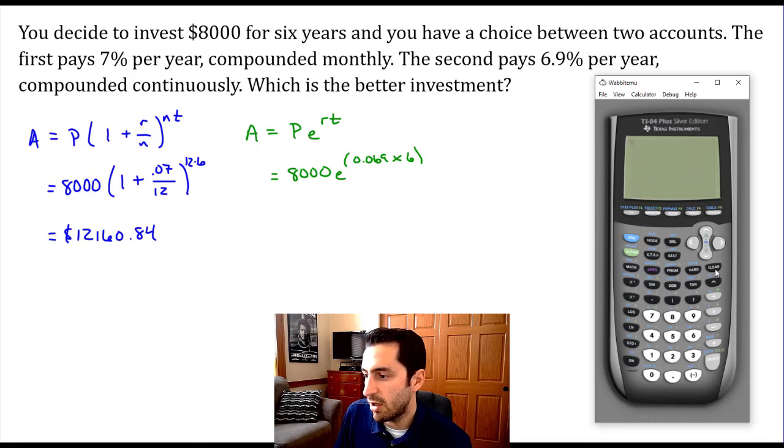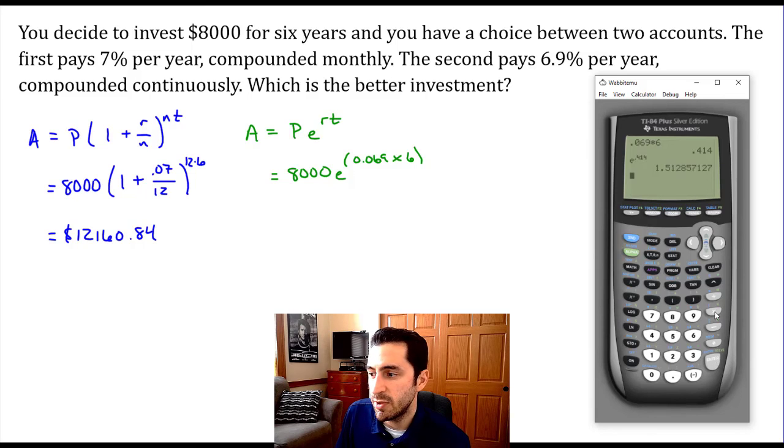And now let's go through that for our second expression as well. We have our exponent, so we'll take care of that first. Our rate of 0.069, multiply that by the years, which is 6. So our exponent is 0.414. We want to take e and raise that to the 0.414 power. This is what I end up with after calculating the exponent.